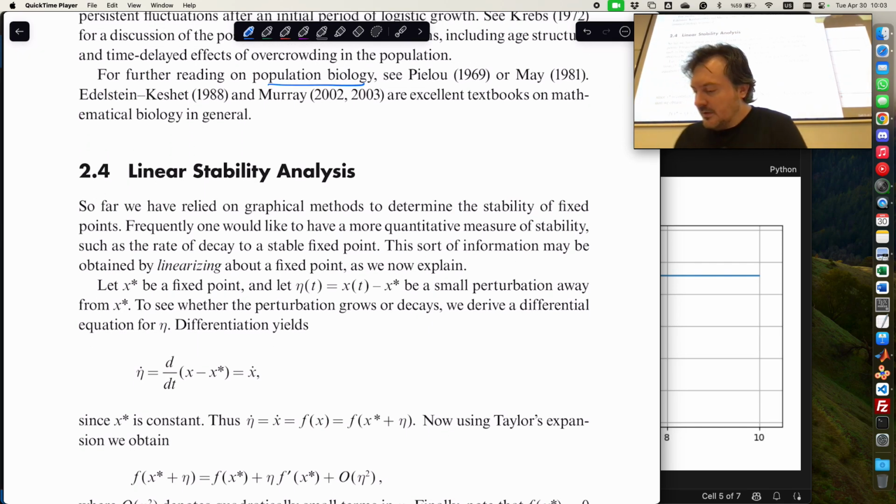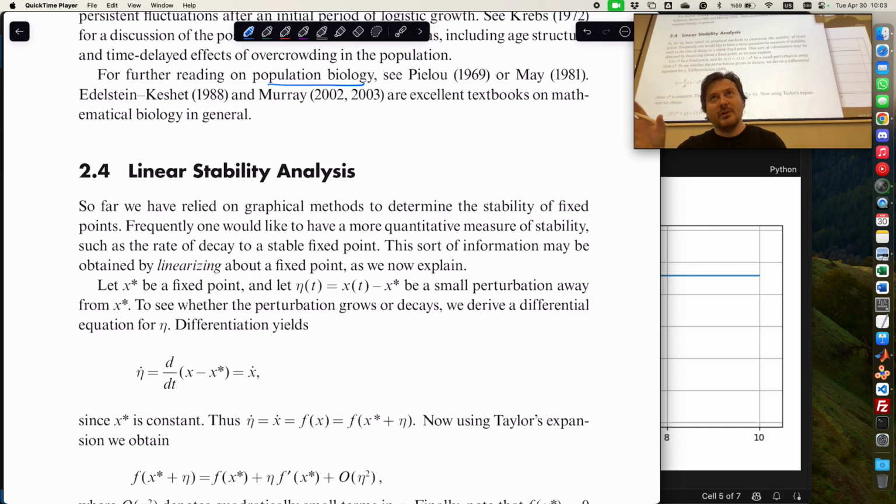All right. Now let's do linear stability analysis, just like we did with maps. Do you remember maps? We realized that if the absolute value of f prime was less than 1, then it was stable. Do you remember? In maps. This is not maps. This is flow.